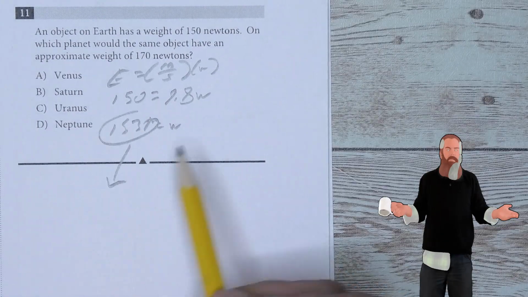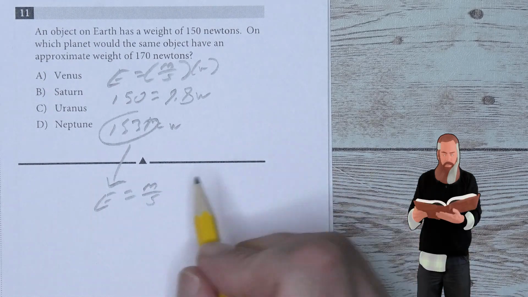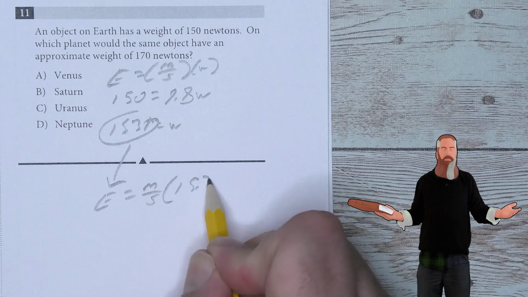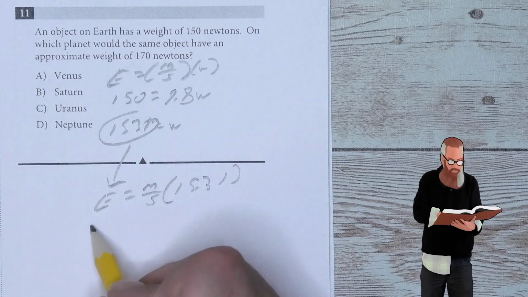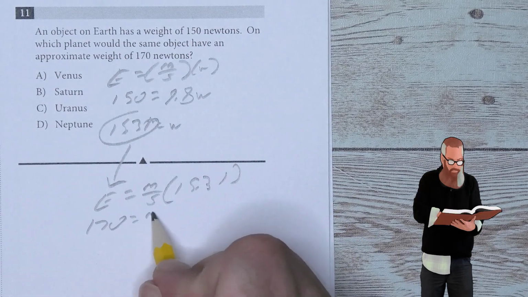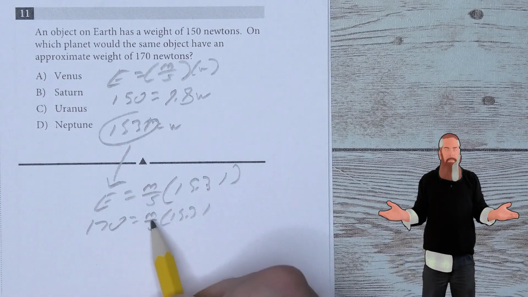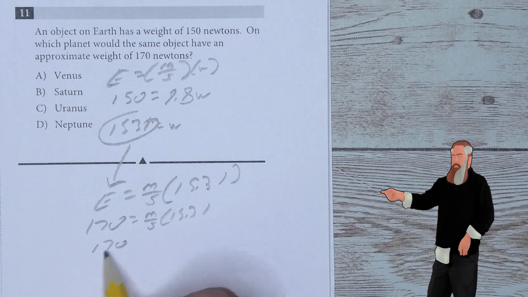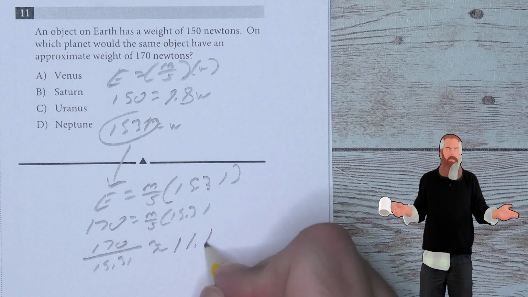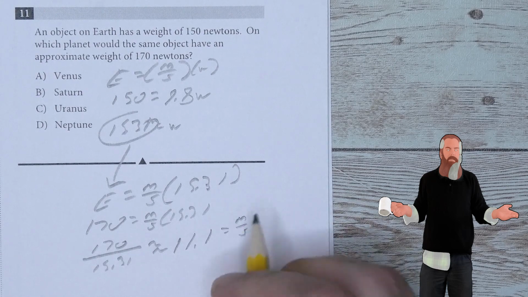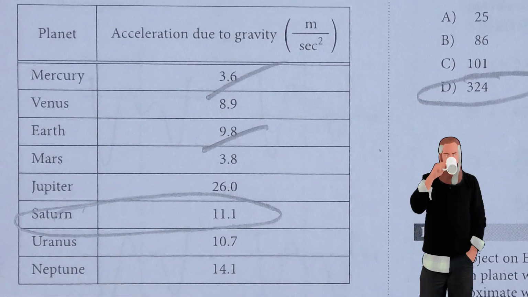With that 15.31, we say that the weight is the meters per second squared that we're trying to figure out times 15.31, the mass. But the weight, we already know from the problem, is 170. So 170 is equal to g times 15.31, because we're really only trying to figure out the meters per second squared. We get 170 divided by 15.31, and this is approximately 11.1. This is the meters per second squared that we're looking for. This means that what we're looking at is Saturn at 11.31.